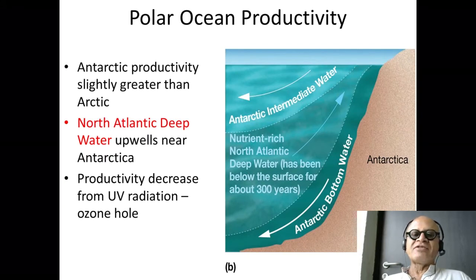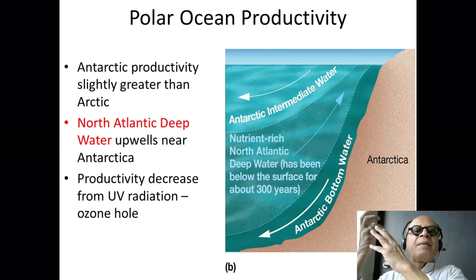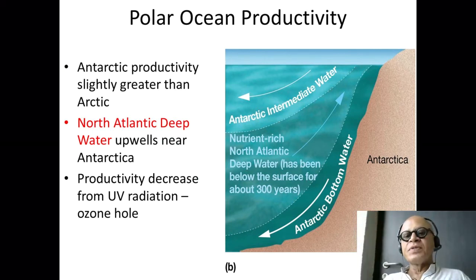The polar ocean in the Antarctic is pretty amazing. I will show another slide later on krill and so on. What's happening in Antarctica? Remember what we learned before. We have the west wind drift, east wind drift. We have upwelling in the middle, dynamically forced. So you have the North Atlantic deep water being pulled up to the surface between the Antarctic bottom water and the Antarctic intermediate water.